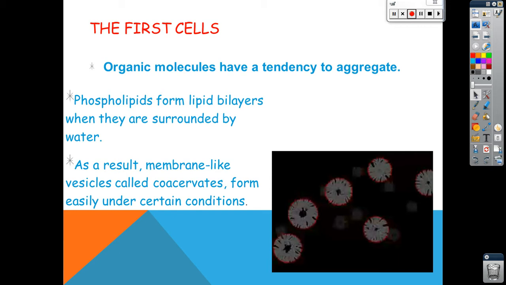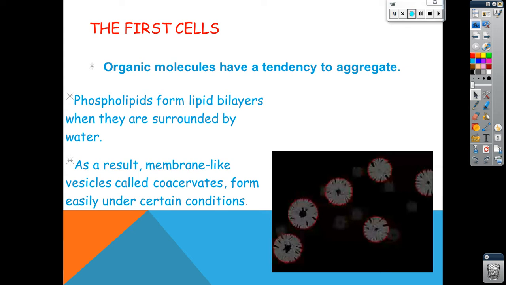That's where we get the term lipid bilayer. The head part of the lipid, which likes water, faces the inside and the outside of the cell, leaving the tails of the lipid in the interior. This is the part that doesn't like water. We refer to that as being hydrophobic.